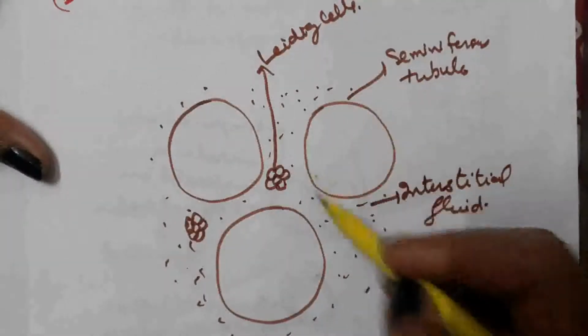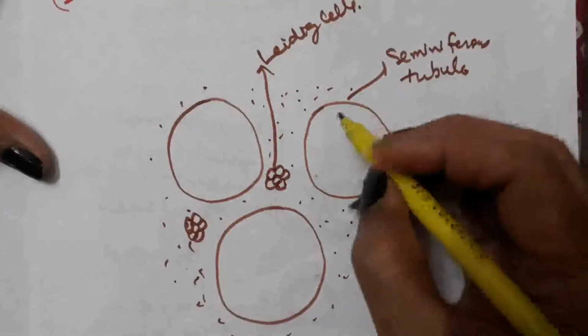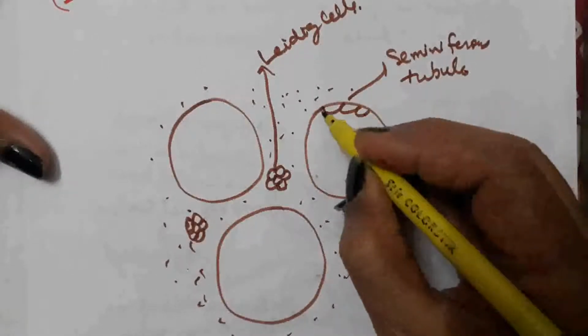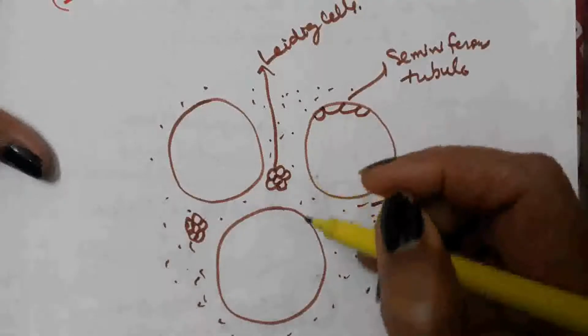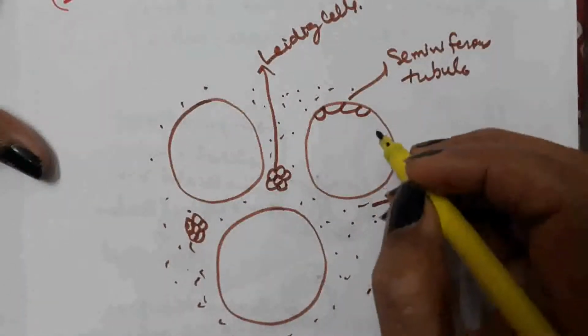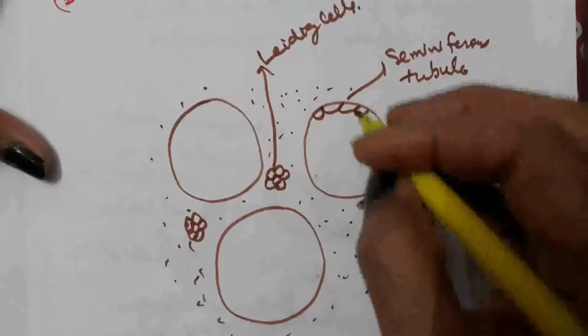What is the structure of the seminiferous tubule? These are lined by germinal epithelial cells. The seminiferous tubule is lined by germinal epithelium.